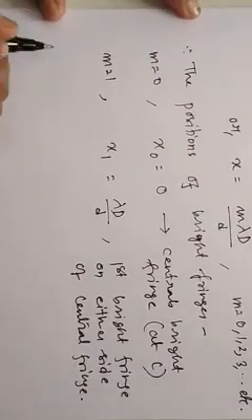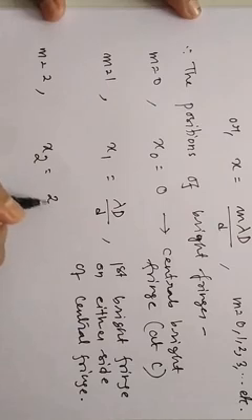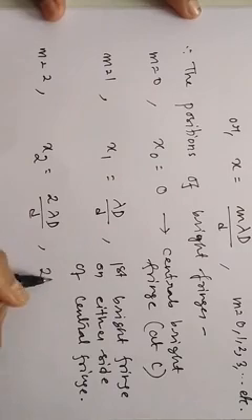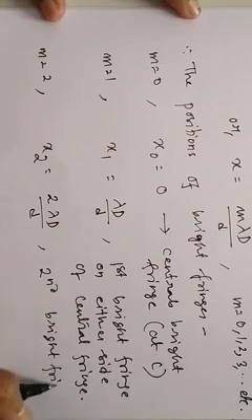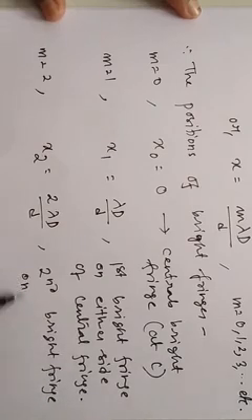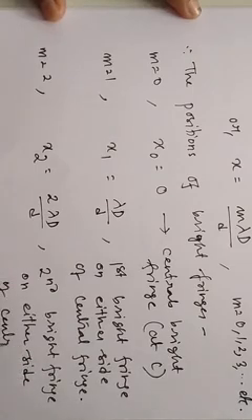Okay, then for m equals 2, we get the second bright fringe, formed at a distance x2 equals 2 lambda D by d, which is the second bright fringe again formed on either side of the central fringe.